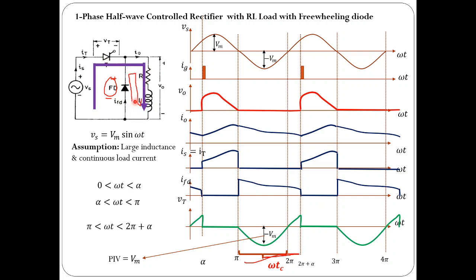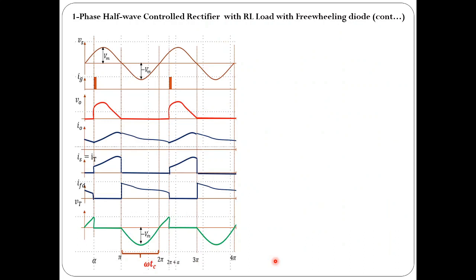At this moment the current through the thyristor, which is the same as the current through the source, became 0, and immediately we apply reverse voltage for the next pi radians. So omega Tc is equal to pi radians. Tc, the circuit turn off time, that is the time provided by the circuit for the device to turn off, is equal to pi by omega. This way one can compute the circuit turn off time.